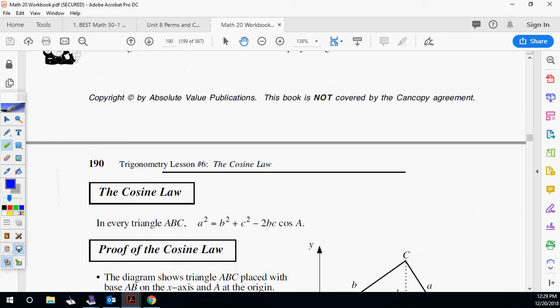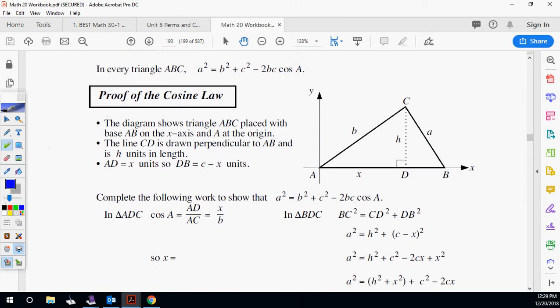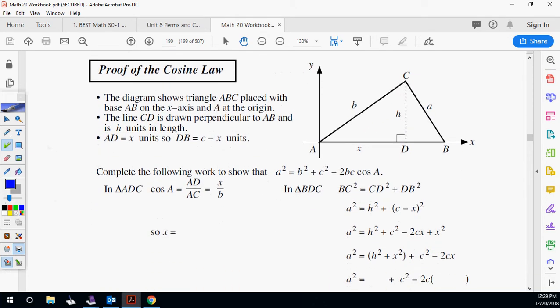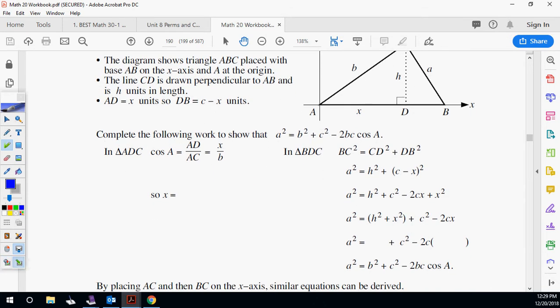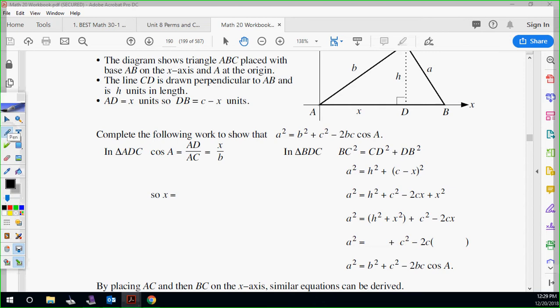Okay, so the cosine law, we're going to develop here real quick. Just do a little bit of proof on it. I won't get too crazy, but. All right, so cos of A equals AD over AC.